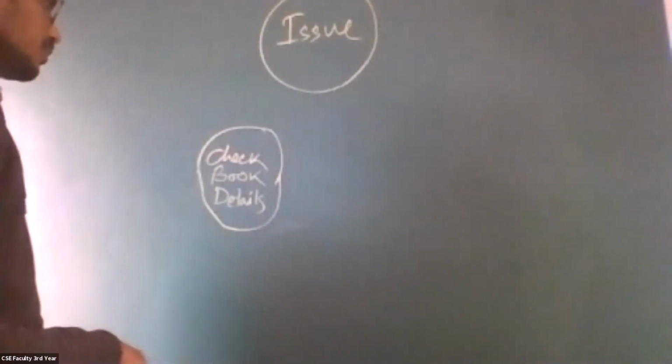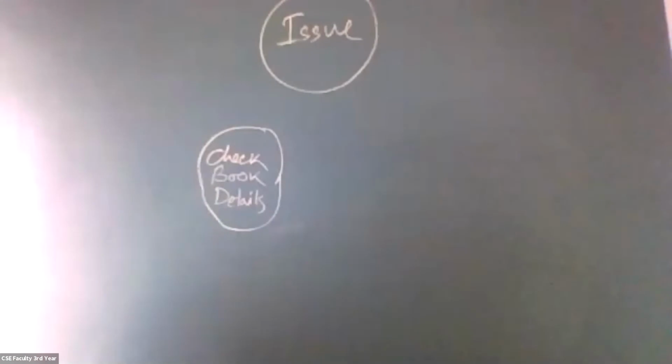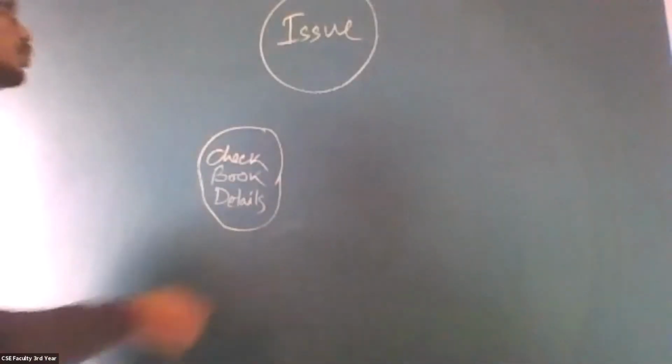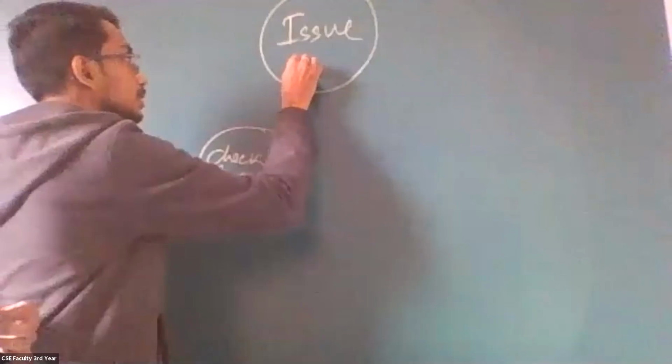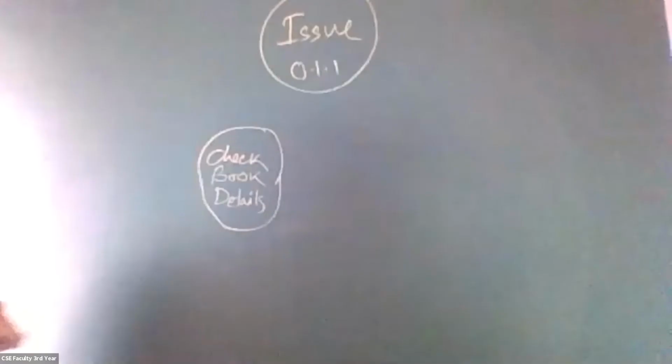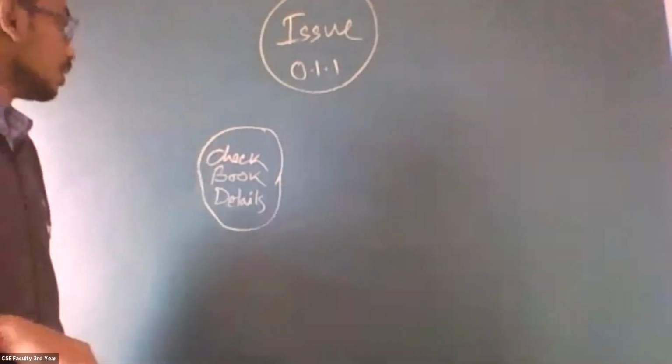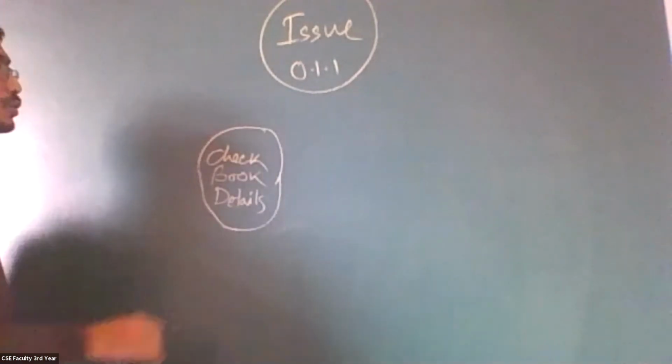I'm drawing a label to table, okay? For user details process. So issue, it was 0.1.1. Now we need to check the book details.